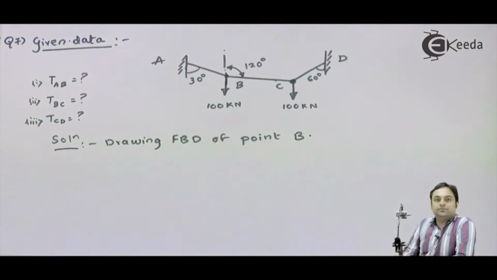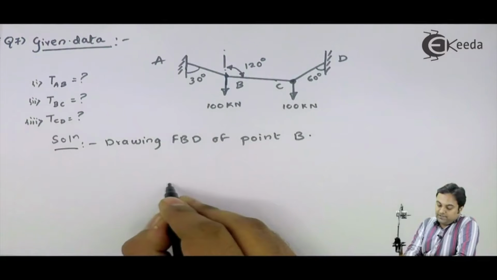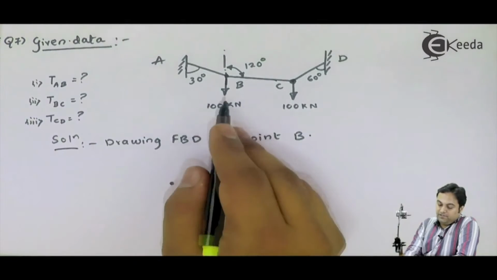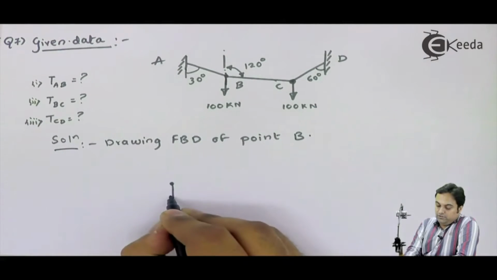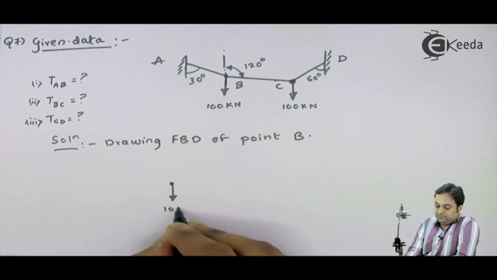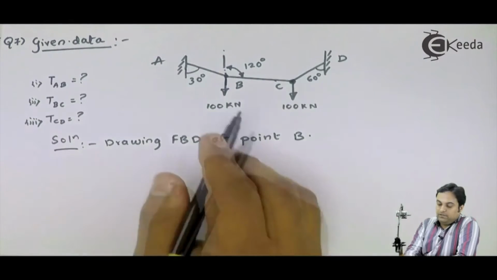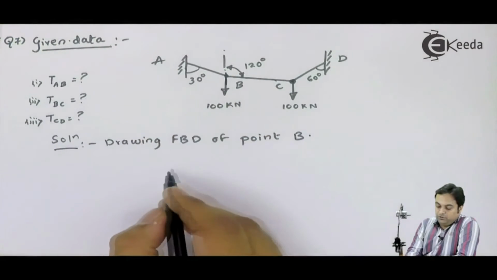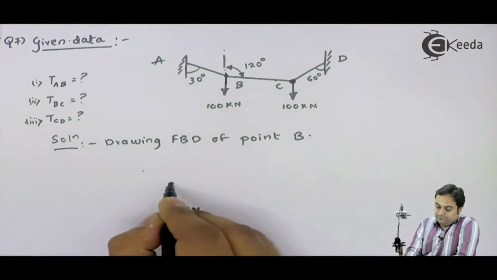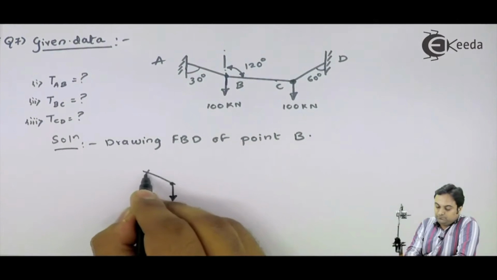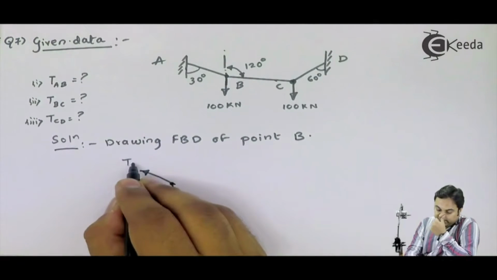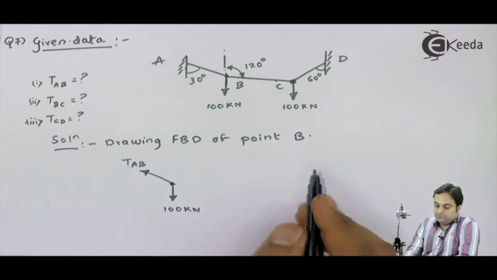I'll consider first point B. Since at point B we are having the load 100 kilonewton, AB would be pulled. So here I can write it down as tension in AB.